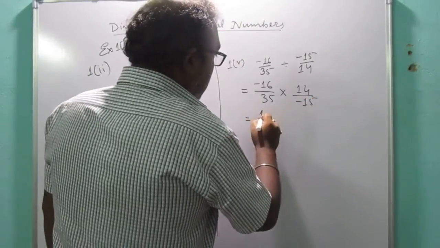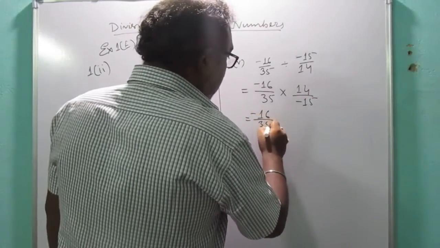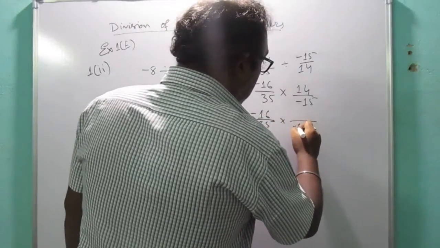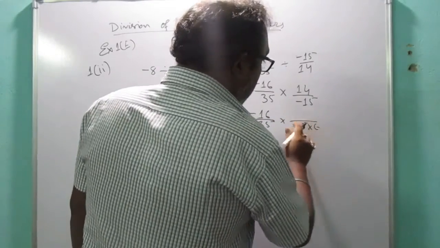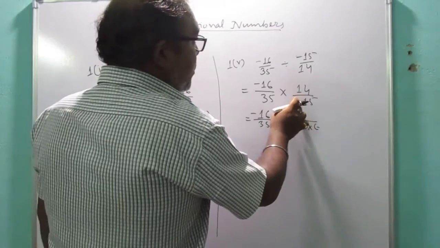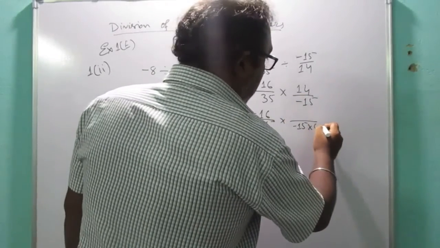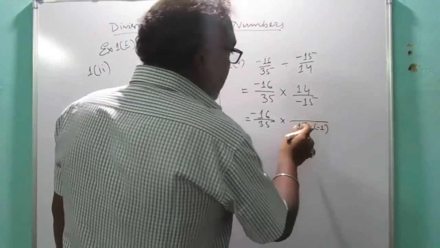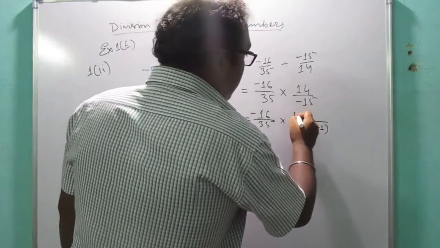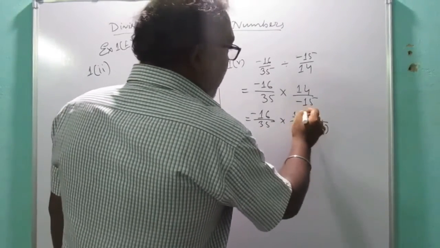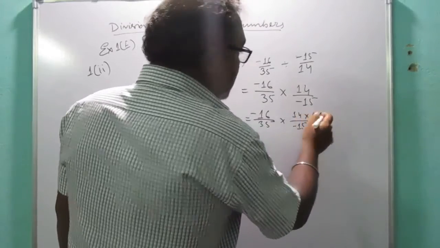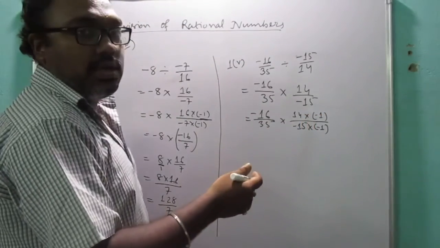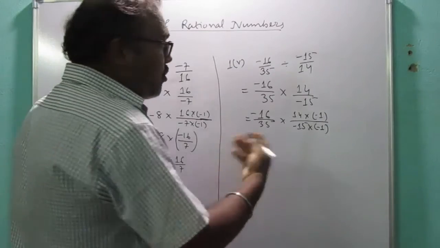Again we have to change the sign, here the denominator has the negative sign. We have to change the sign of the denominator from negative to positive. So I have to multiply minus 15 into minus 1, so that we can change the minus sign of the denominator to the positive sign.